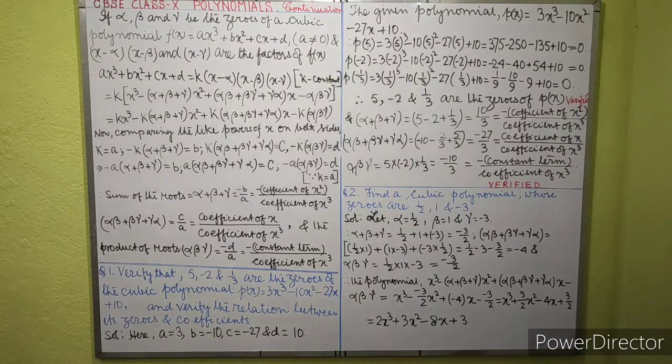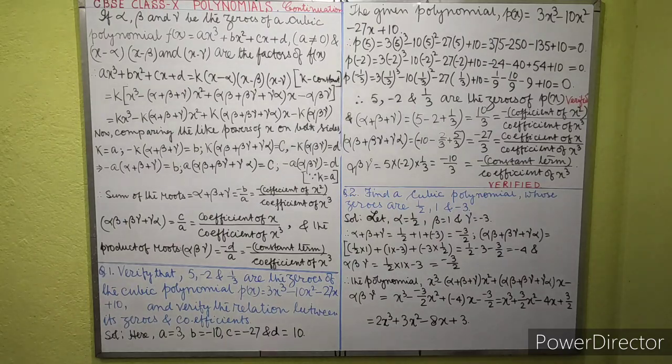It is verified. And again, alpha plus beta plus gamma, according to this formula, is minus b by a, equal to minus of minus 10 by 3, that is coefficient of x square by coefficient of x cube. It is all the same, that is 10 by 3, because b equal to minus 10, minus of minus 10 equal to plus 10 by 3.